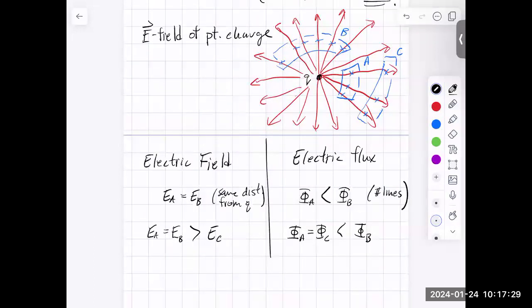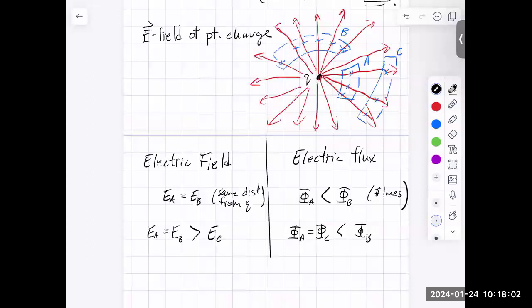For example, when you study kinematics in high school, often people confuse things like velocity and acceleration, and use those terms interchangeably or in the wrong scenarios. So if you just keep your terminology straight and understand that electric field is proportional to the density of lines, the spacing of lines in a region of space, and flux is how many lines cross a surface.